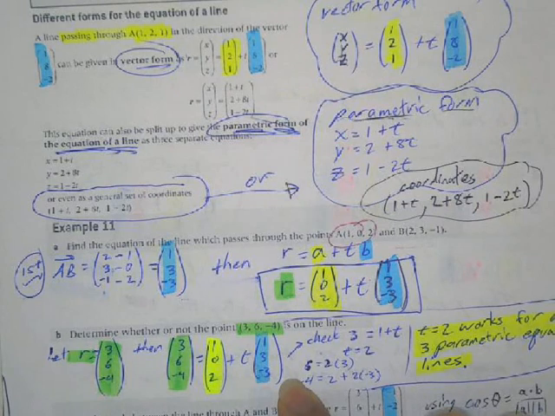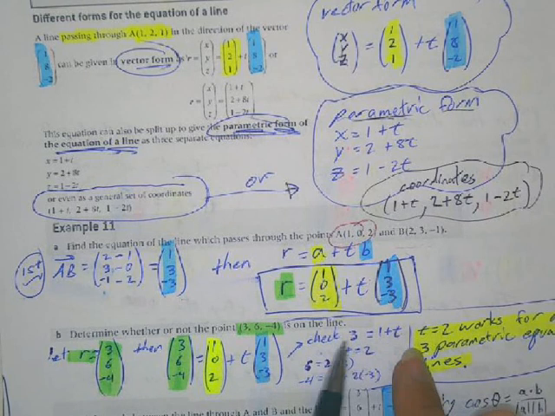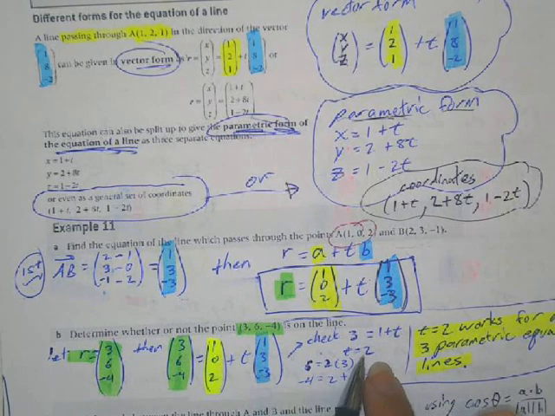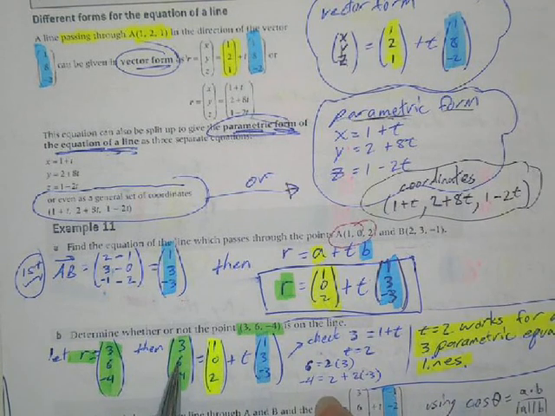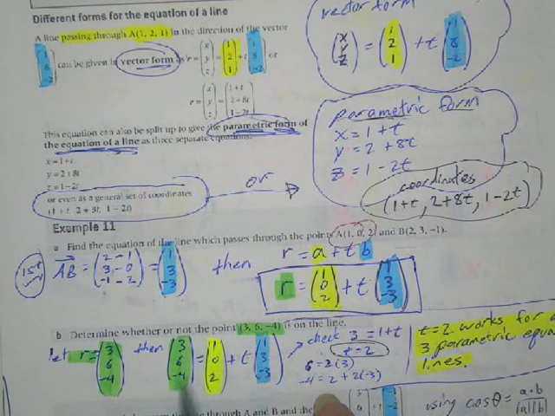If I have 3 equals 1 plus t, subtract 1 on both sides, that means t is 2. Let's check the middle line. 6 equals 3 times t. If I divide that by 3, I also get the t value of 2. And the bottom one, negative 4 equals 2 plus negative 3 times 2.